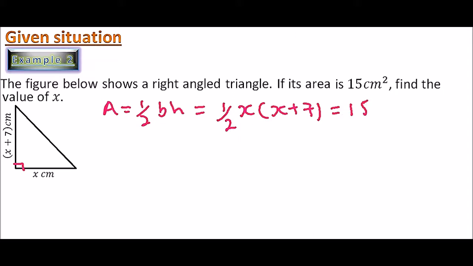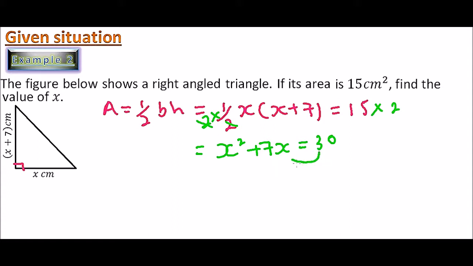We multiply both sides by 2 so that we get rid of this half. So 2 divided by 2 is 1, and we have x multiplied by x plus 7. x times x, we get x squared. x times 7, we get plus 7x, which is equal to 30.